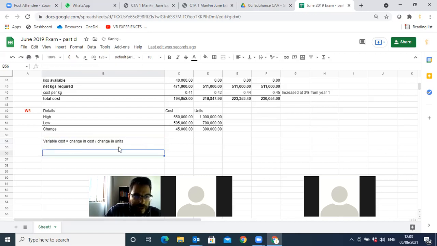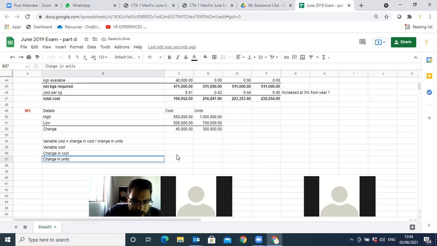So remember, to get the variable cost, we need change in cost and change in units.